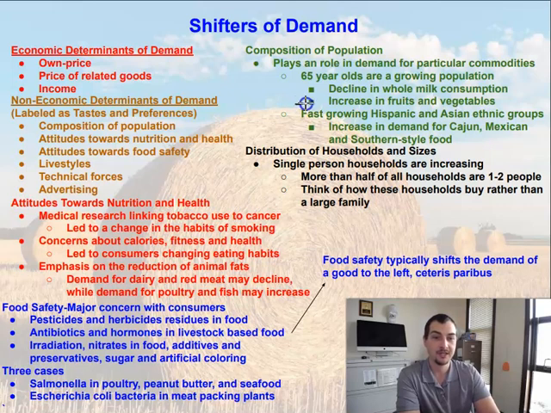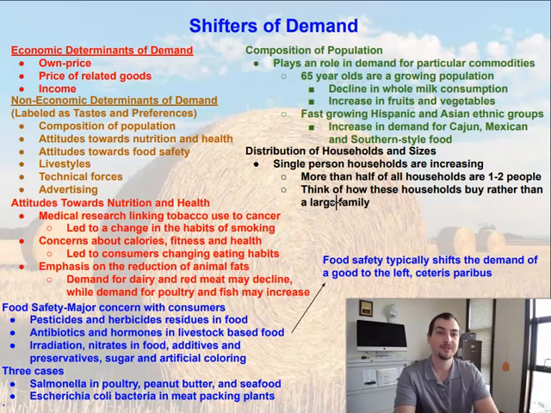We're also seeing an increase in fruits and vegetables. It's been linked that fruits and vegetables are healthy for you. We've known that for years, and as we have a larger population of 65-year-olds who are caring more about their health than they were at a younger age, and that group begins to grow, we're seeing that they're consuming more fruits and vegetables.